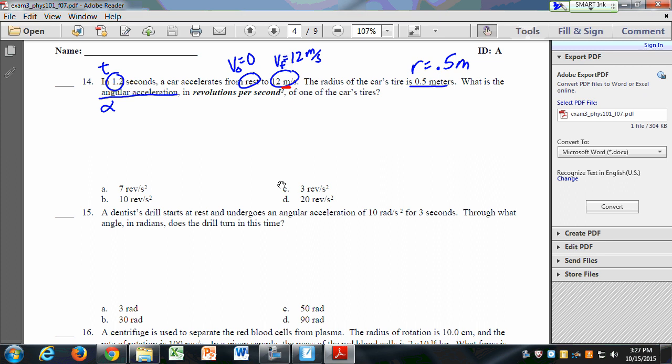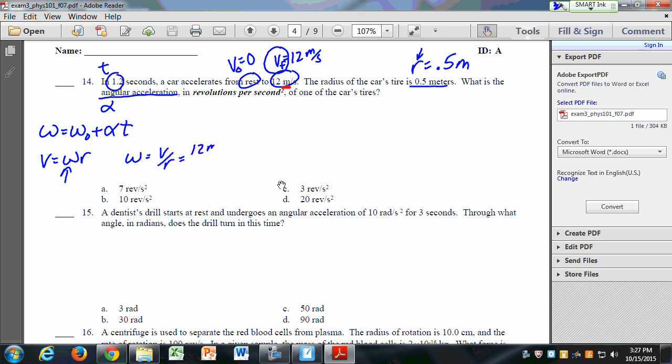So here I'm going to have to first find, well, I know that omega equals omega naught plus alpha t. And I also know that v is equal to omega times r. So since I know v up here, I can find omega because I also know r. So omega then is equal to v divided by r.